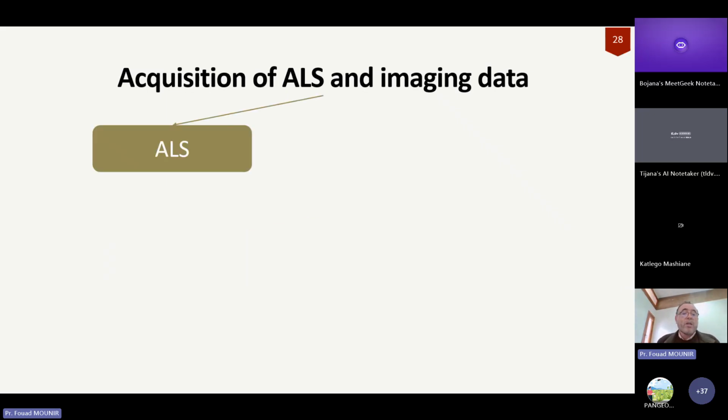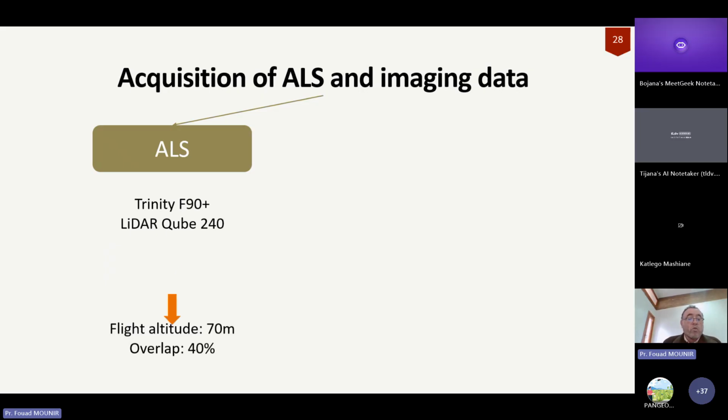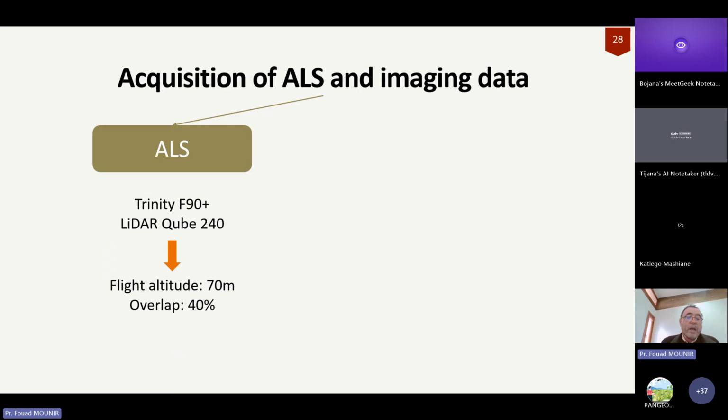Then the acquisition of ALS and image data was done. For the ALS, we used the Trinity F90 plus LiDAR, and the flight was done at an altitude of 70 meters with an overlap of 40%.